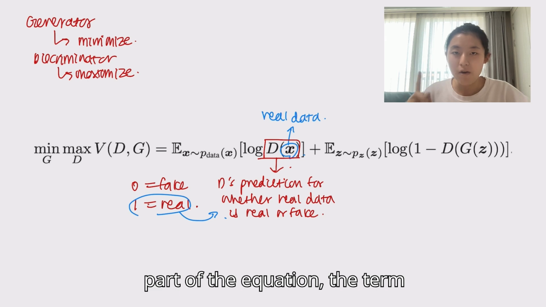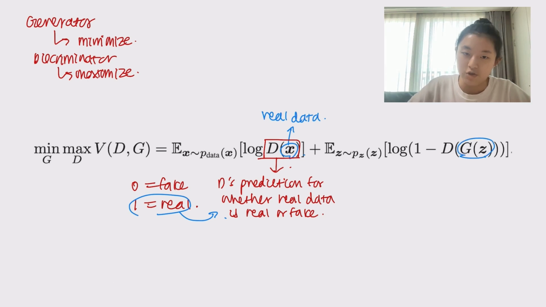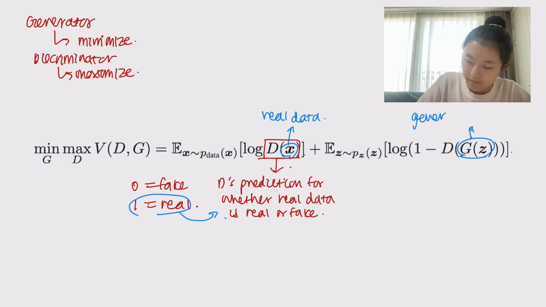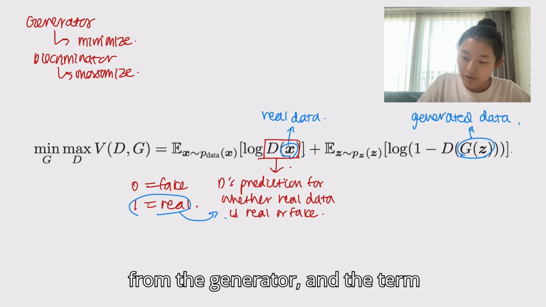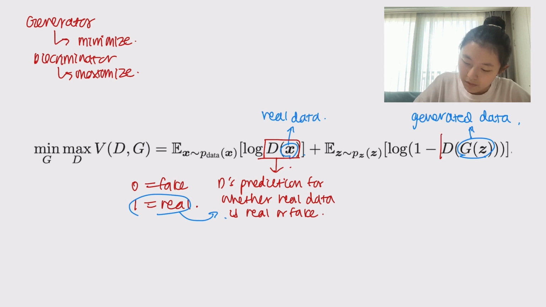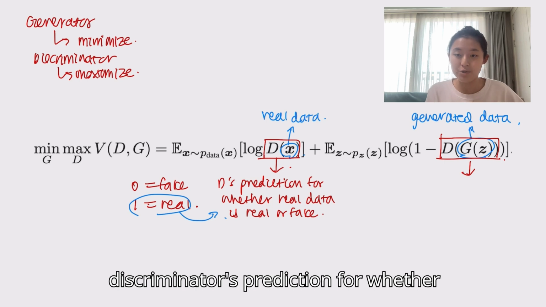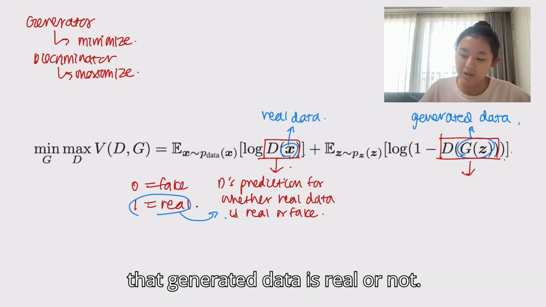Now, in the latter part of the equation, the term G(z) represents the generated output, or the generated data from the generator, and the term D(G(z)) as a whole represents the discriminator's prediction for whether that generated data is real or not.